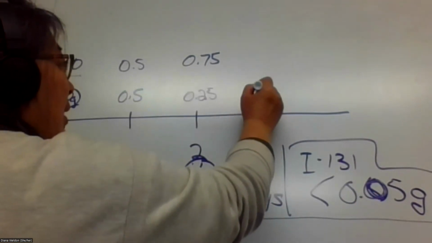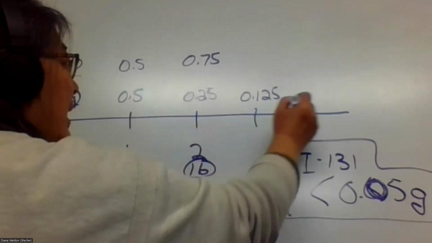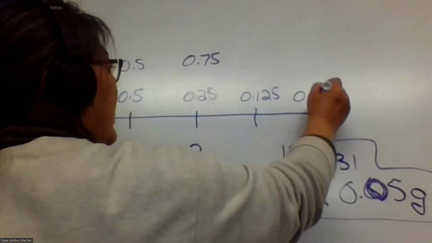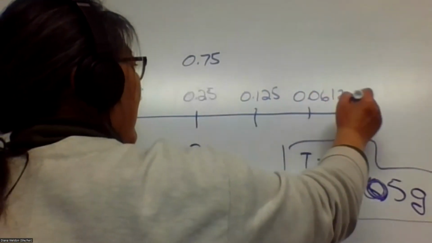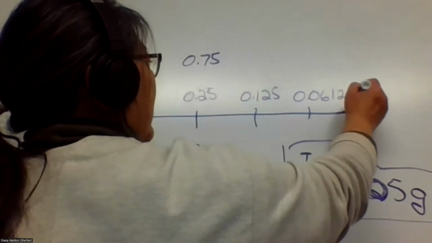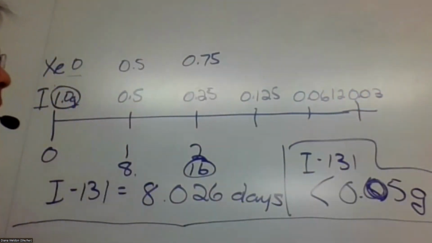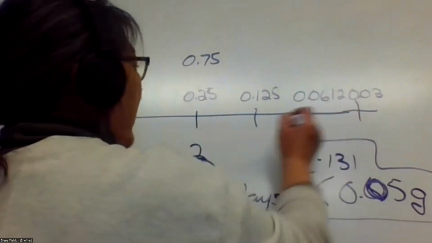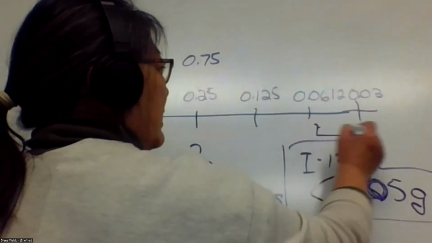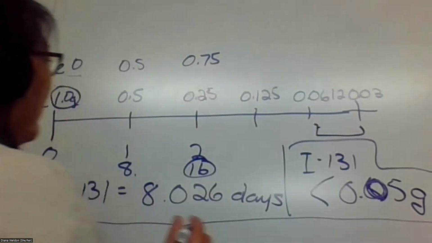Then we have 0.125 of the iodine, 0.0625. Then the next one is 0.03, etc. Right? So someplace between here, this area is where we're going to have 0.05.